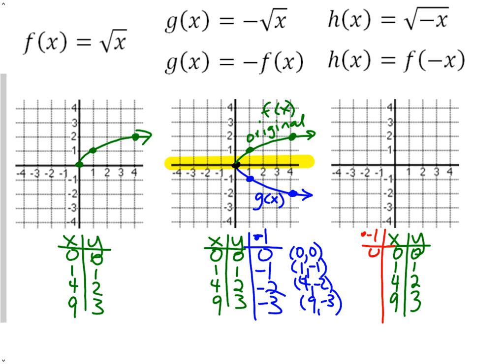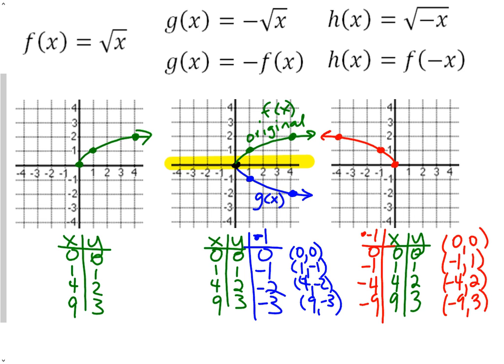So -1 times 0, which is 0, -1 times 1, which is -1, -1 times 4, which is -4, and -1 times 9, which is -9. And so now notice that I have multiplied all my x values by -1. And so let's take a look at what happens here. So 0, 0, -1 and 1, -4 and 2 gives me this function right here.